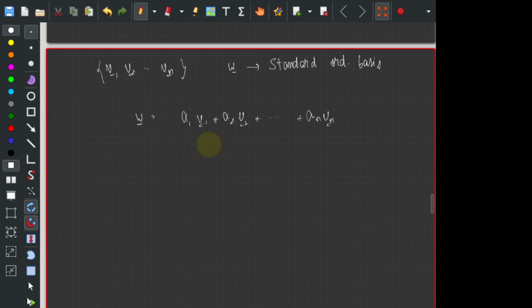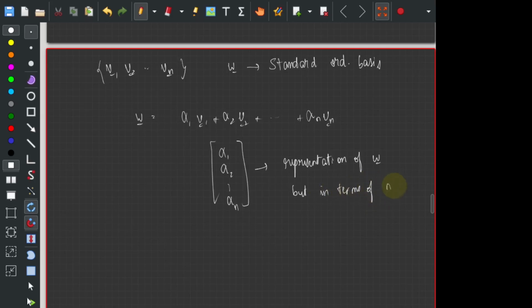It is just going to be alpha 1, alpha 2, and so on. So this vector is the representation of the same vector, but now in terms of the new basis.